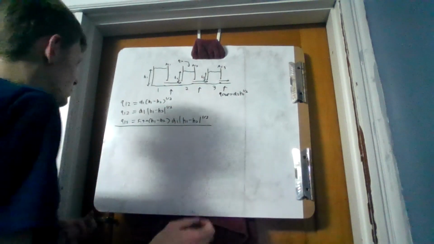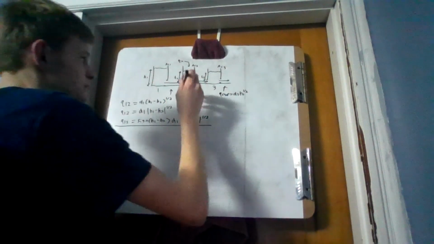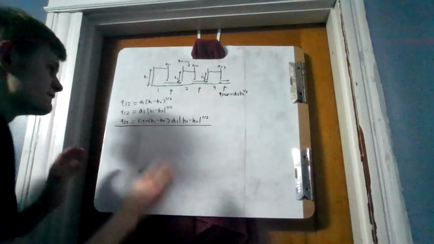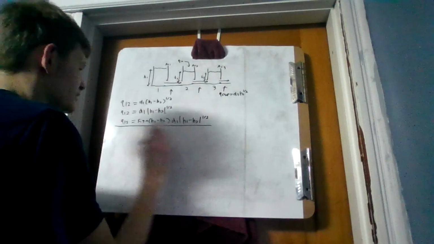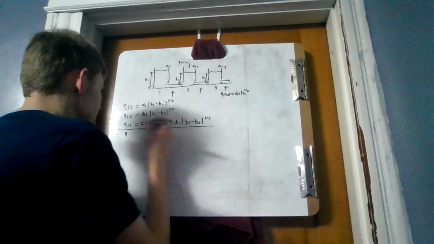So what we want to do here is figure out our flow rate between 2 and 3, which is going to be a very similar equation to what we have here. So we're just going to repeat that again.